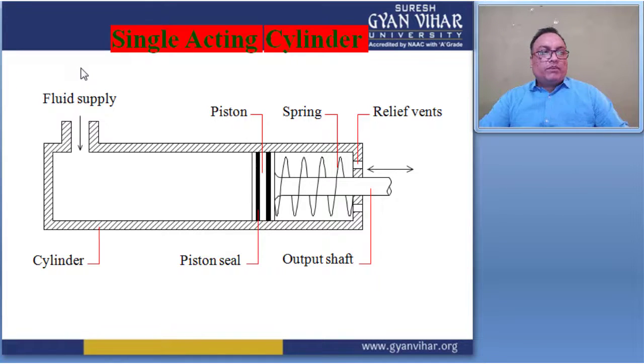Talking about the parts of this actuator: first is the fluid supply line, then the piston, and this black region of the piston shows the piston seals, which prevent leakage of the hydraulic cylinder. And this is the spring.